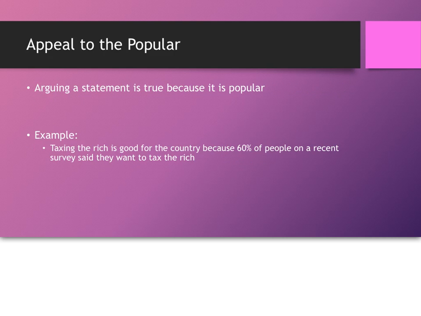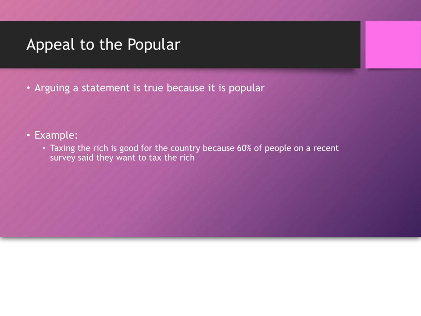Now, again, another very common logical fallacy is appealing to the popular. So you say, well, it has to be true because lots of people believe it. Okay? So, for instance, taxing the rich must be good for the country because 60% of people want to tax the rich.